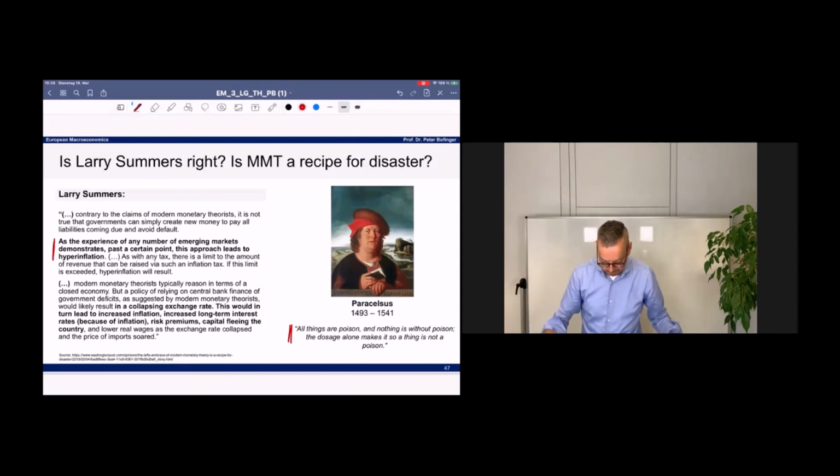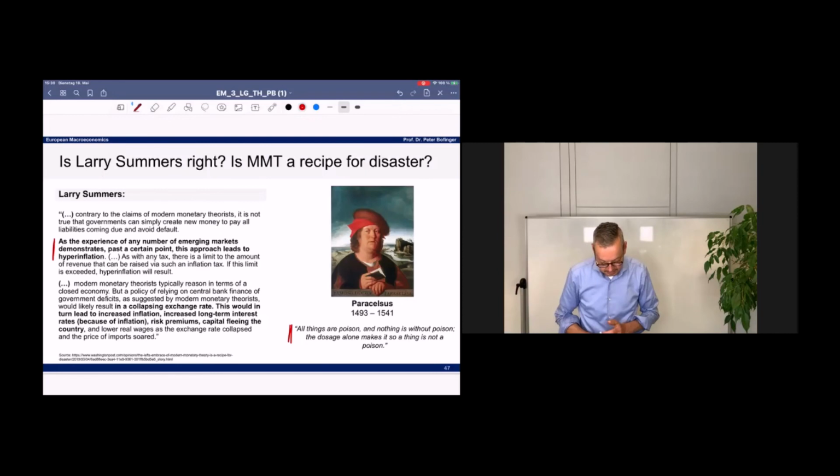Okay, so that's important when one discusses the critics of MMT. They simply assume an excessive use of the instrument; an excessive use of all kinds of things has negative implications.